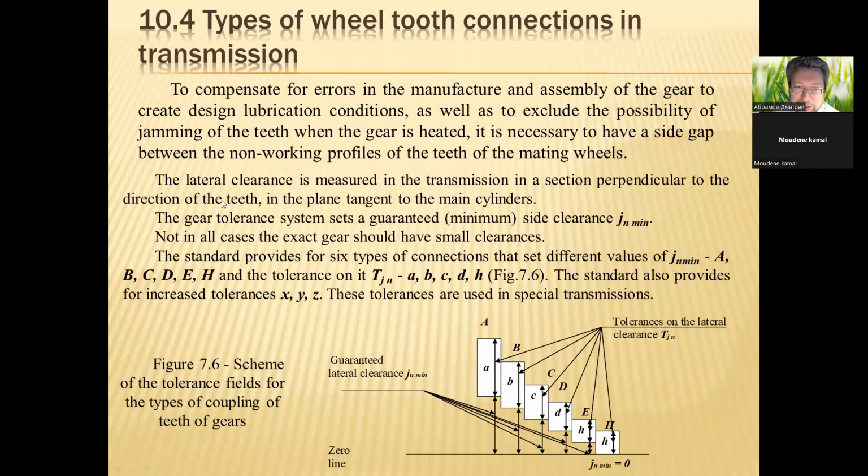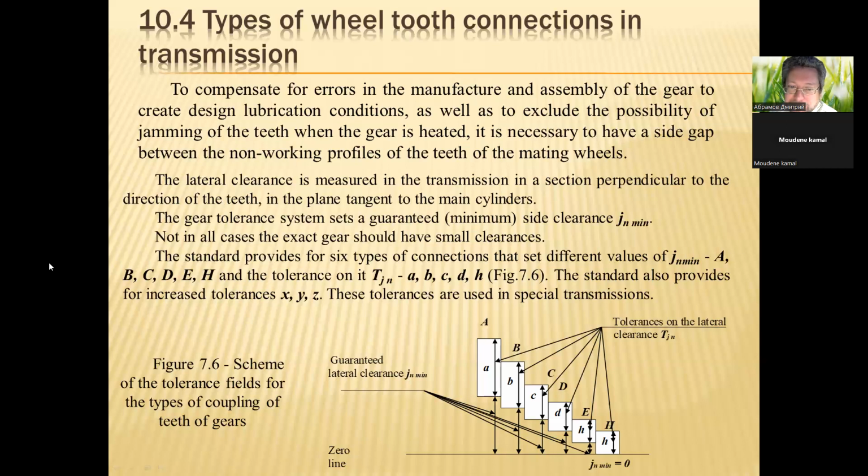The lateral clearance is measured in the transmission in a section perpendicular to the direction of the tooth in the plane tangent to the main cylinders.